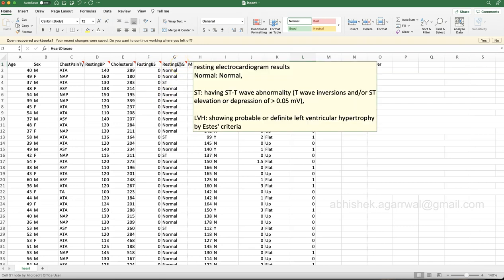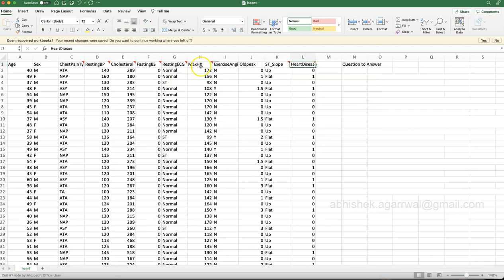Resting ECG is the electrocardiogram results: Normal is normal, ST is having ST-T wave abnormality, and LVH is showing probable or definite left ventricular hypertrophy by Estes' criteria. I really have no idea what that means.